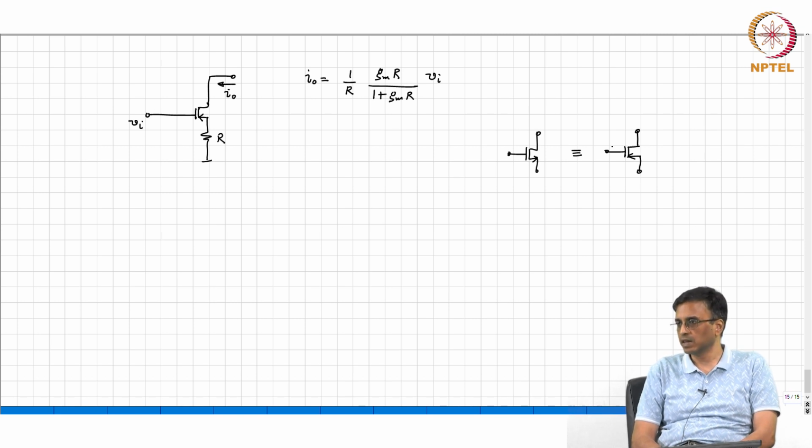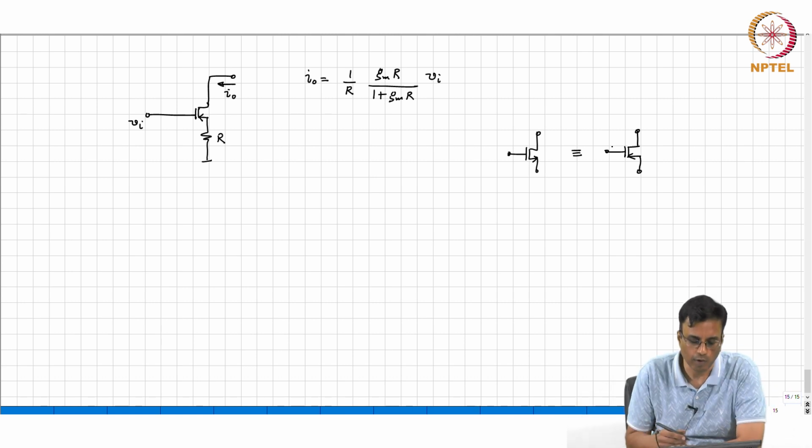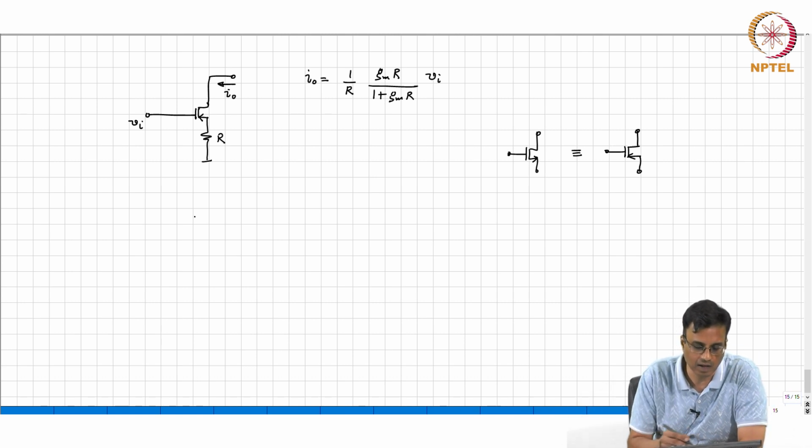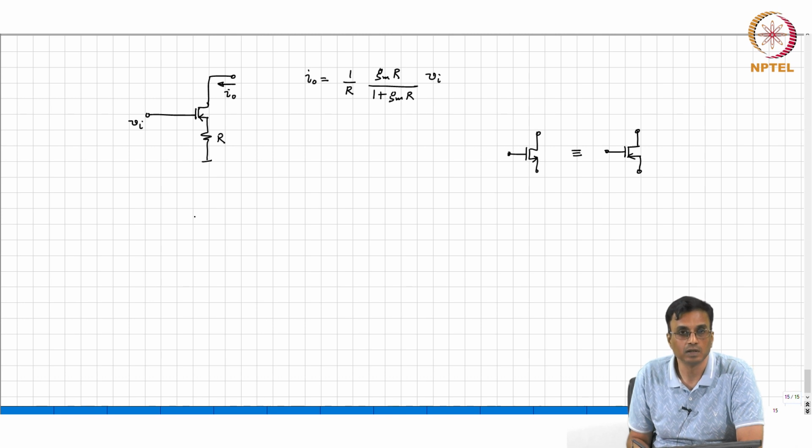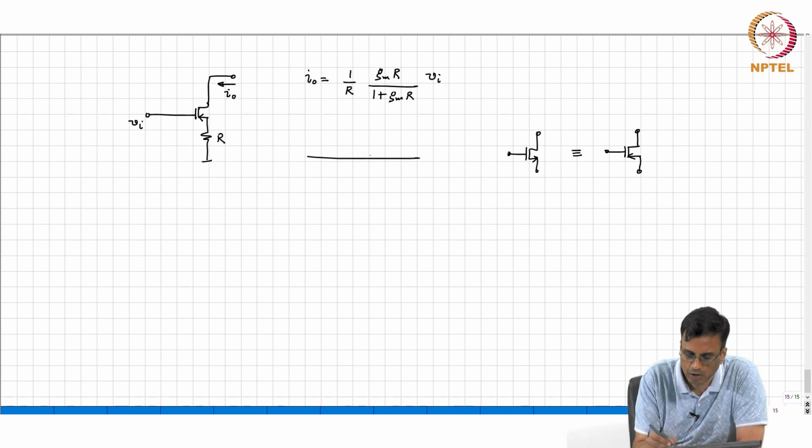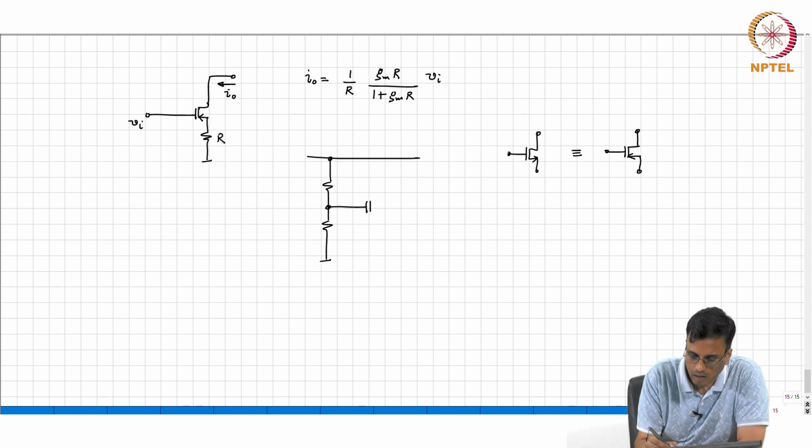is immaterial, okay. So, now how are you going to bias the device now? Yeah, pick your favorite scheme. Again, let us say this is VDD, this is R2, this is R1.